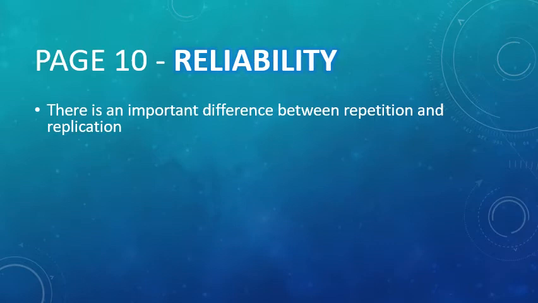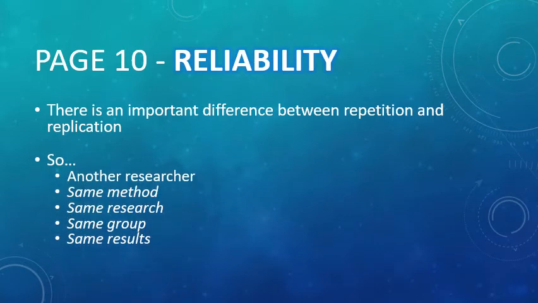Now, reliability hinges on the difference between repetition and replication. You can repeat any research method, but you cannot replicate all research methods or all scenarios. So you can go and use the same questionnaire with a very similar group of people, and you will achieve very similar, if not exactly the same kind of results.